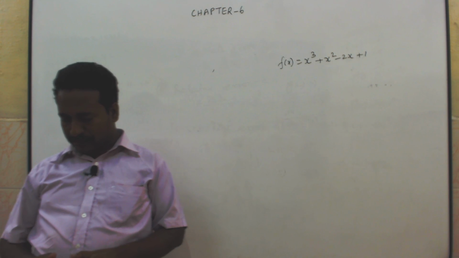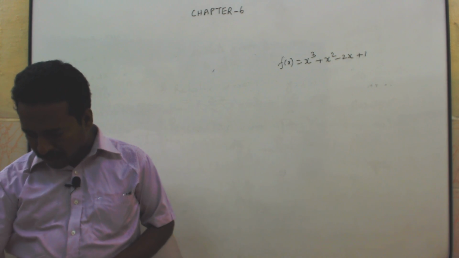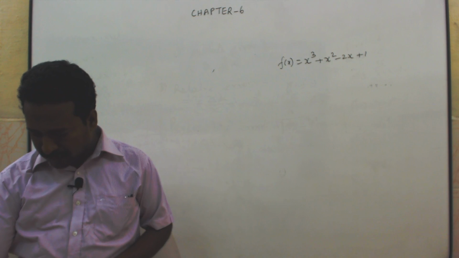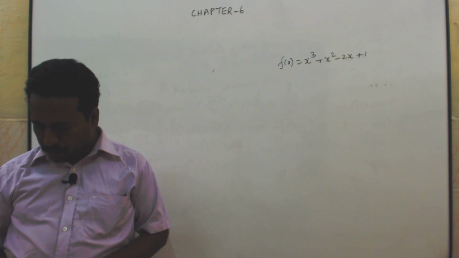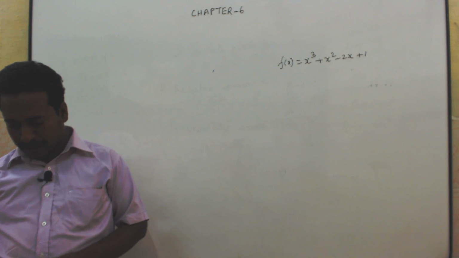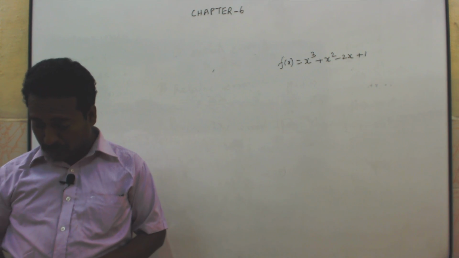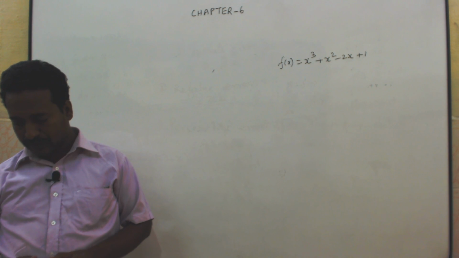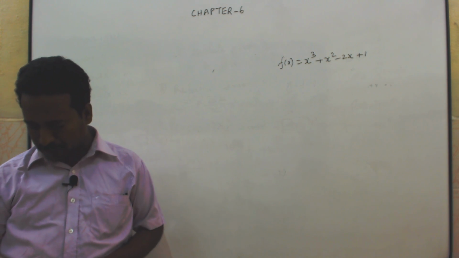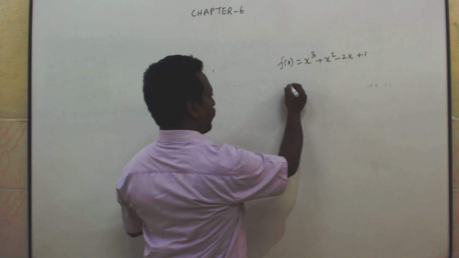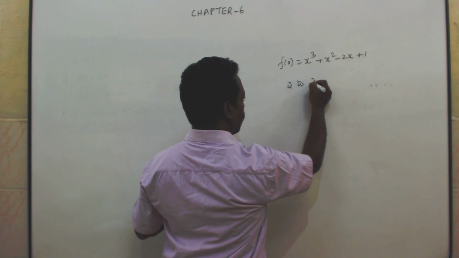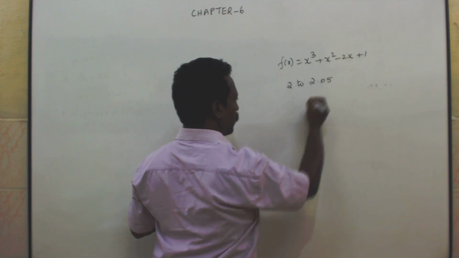What they ask? Compute delta y and dy from 2 to 2.05, from 2 to 2.01. There are two questions. One is 2 to 2.05. Here 2 to 2.05 I will do it. I will try 2 to 2.01.